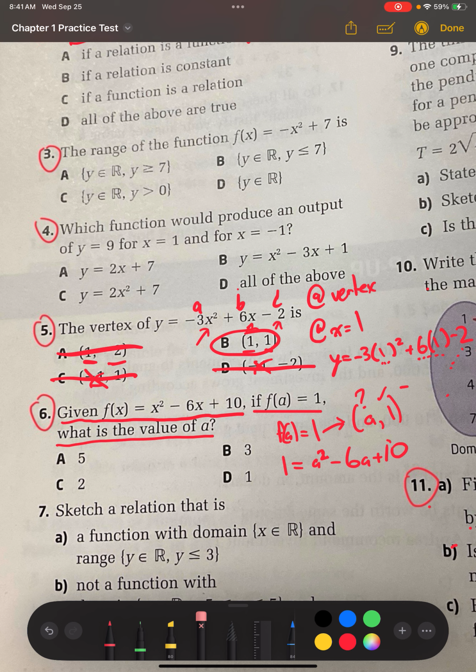What do we get? Well, we get 0 equals a squared minus 6a plus 10 minus 1. What do we end up with? We end up with 0 equals a squared minus 6a plus 9. Now this you must recognize as a perfect square.